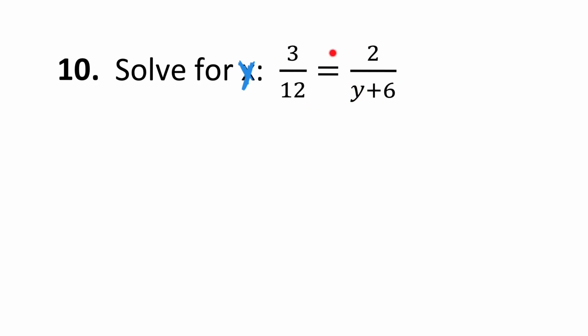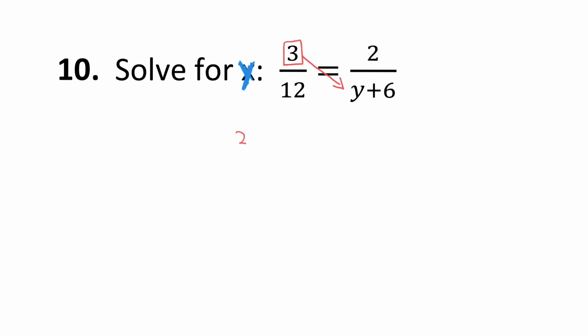Notice that we have an equal sign, and we have a fraction on the left side and a fraction on the right side. This is called a proportion. When one fraction equals another fraction, it is a proportion. You can cross multiply to solve the proportion. I'm going to take the top left number and multiply by the one across from it.